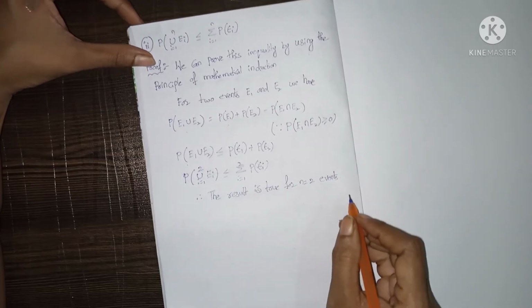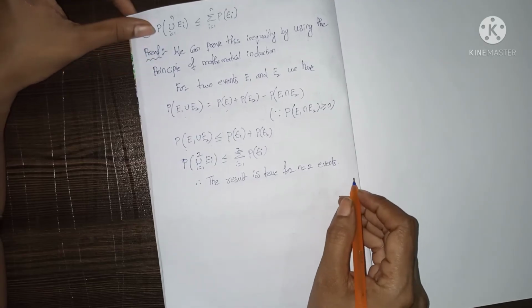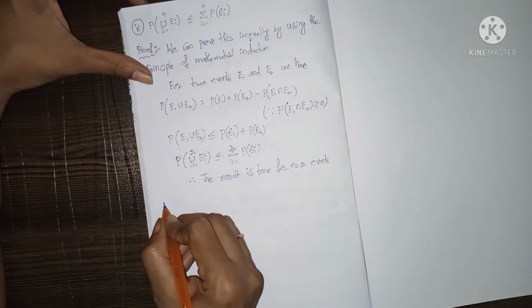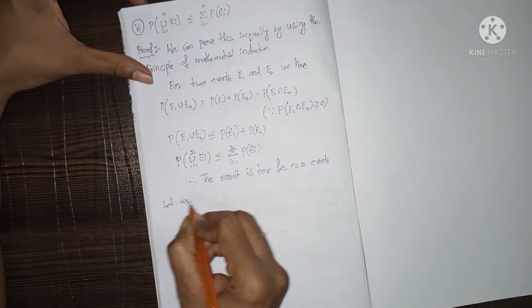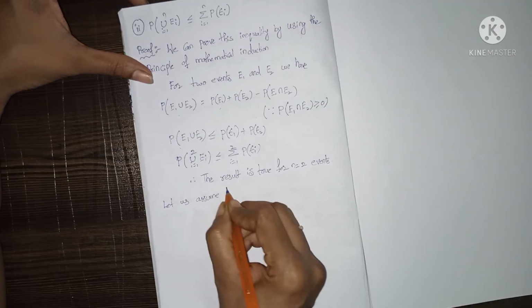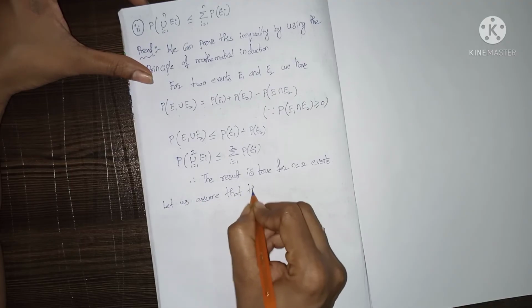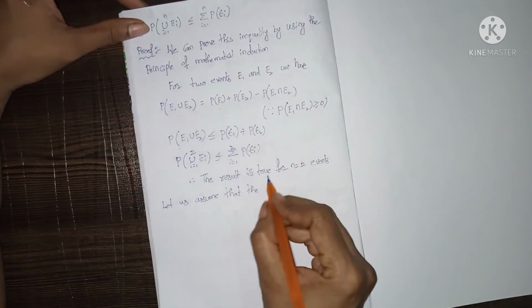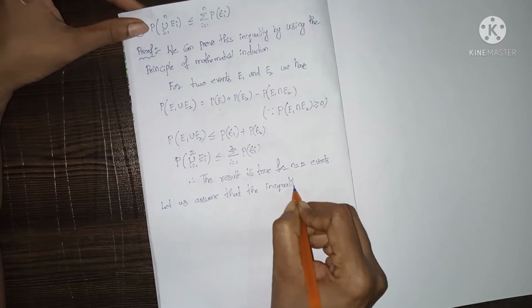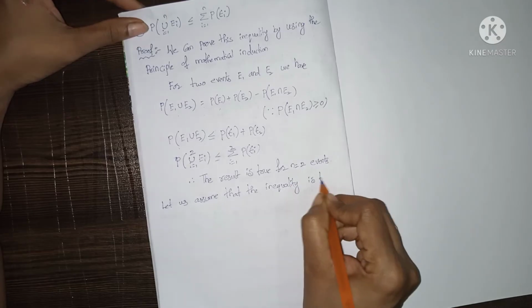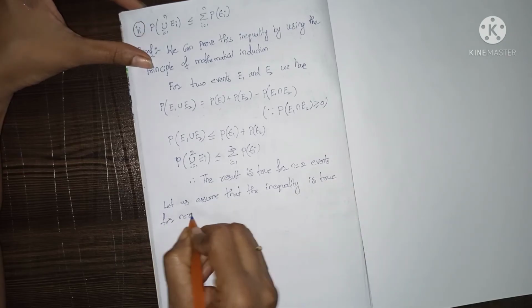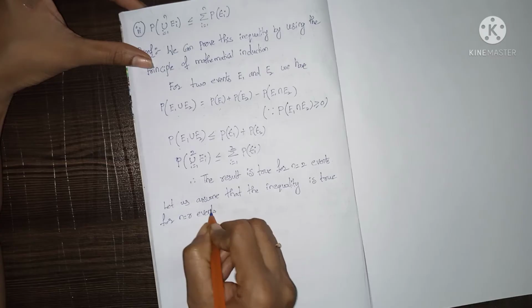Now what we have to do is take n equals r. Let us assume that the result, that means this inequality, is true for n equals r events.